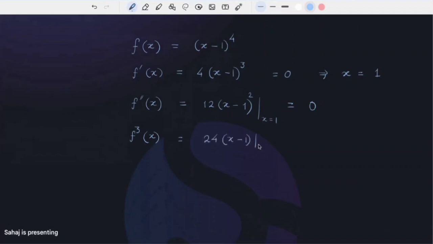Again you get 0. So it is an inflection point. You keep doing this as long as you don't get a non-zero value. Finally you get 24, which is positive, and 4 is an even value, so this is a minima point. We get a minimum at x equals 1.